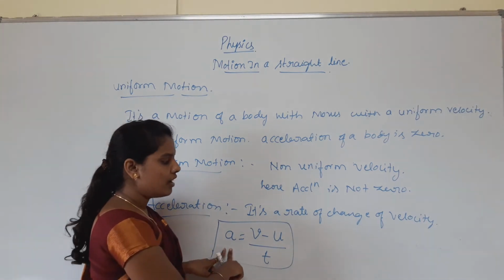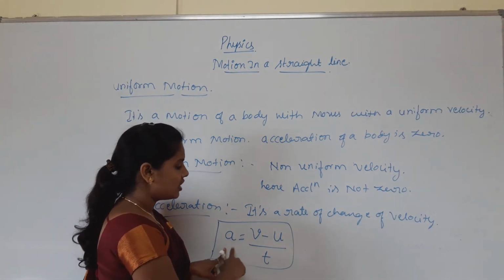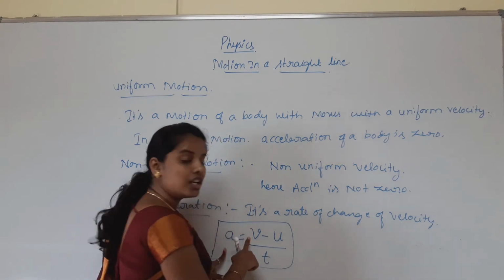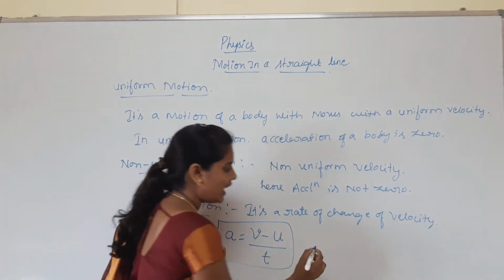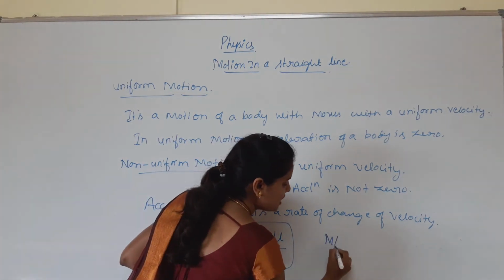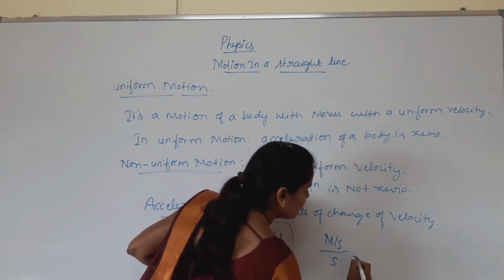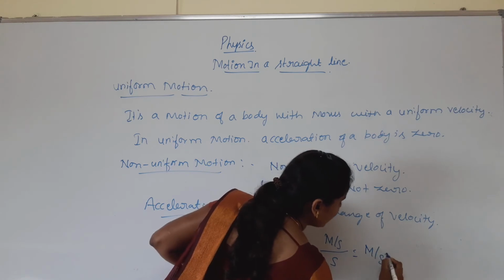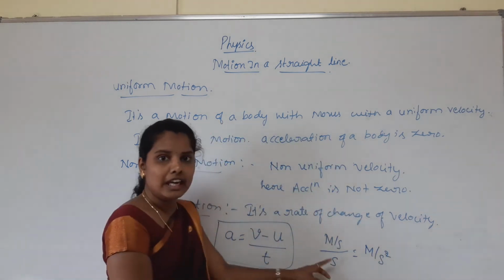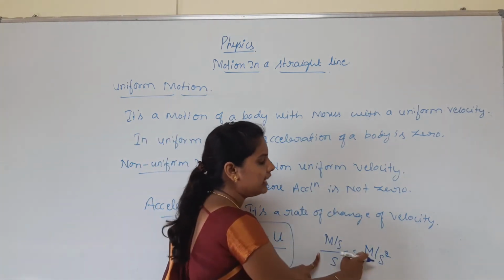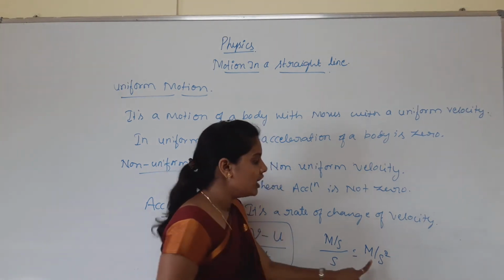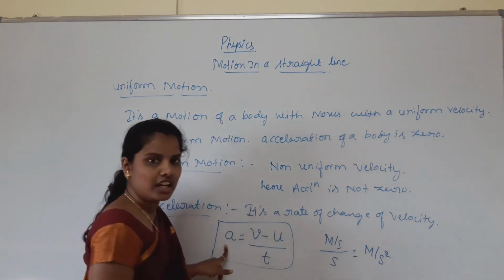Then the SI unit of acceleration. What is the SI unit of velocity? Velocity is meter per second, divided by time, which is second. Here second is repeated 2 times. Therefore, meter per second square is the SI unit of acceleration.